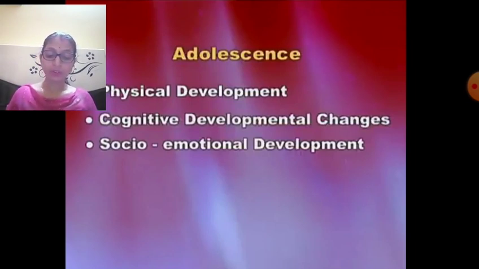For example, should I smoke as everyone I know does? Is it ethical to copy answers in examinations? This also raises the possibility of adolescents not following societal norms if they conflict with their personal code of ethics.